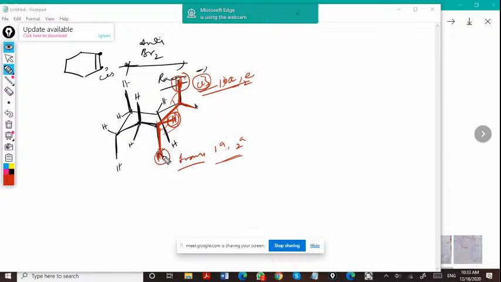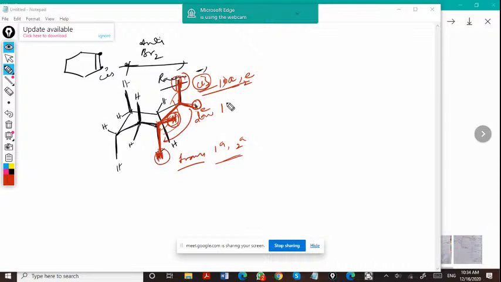So the second at equatorial, let's say, and the first at axial. Or the first at equatorial and the second must be axial, so that they will also be on the same side. First equatorial is downside, this is down, and the down one is also this one.